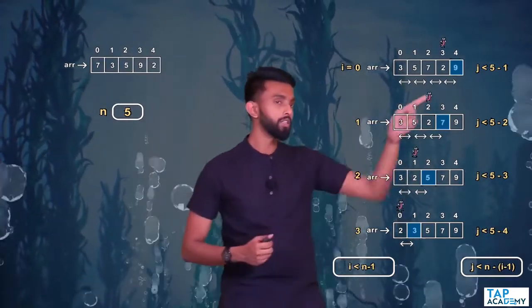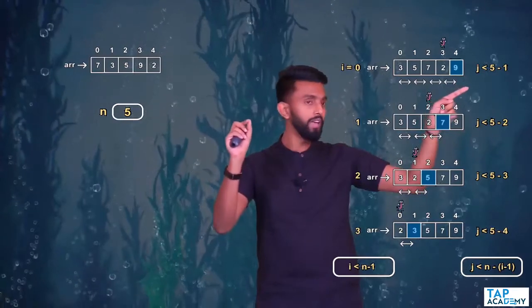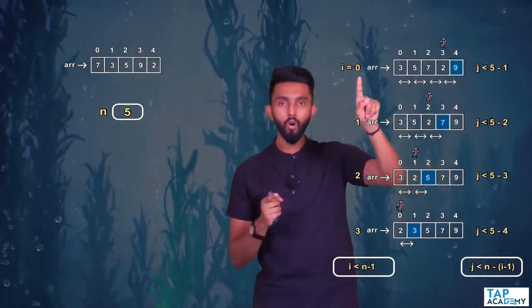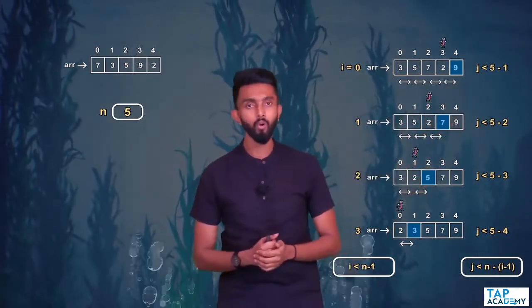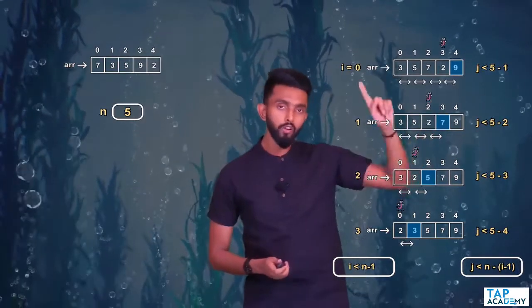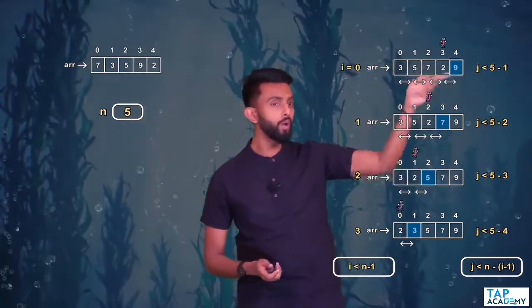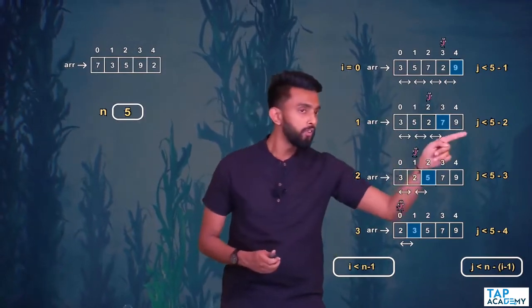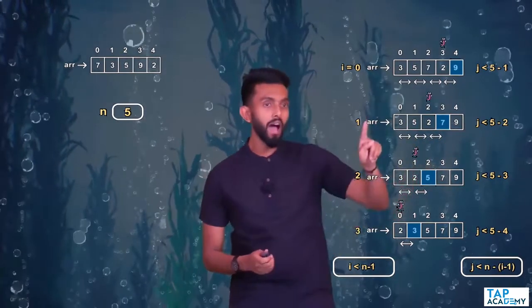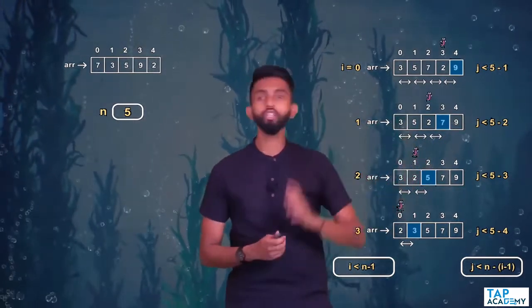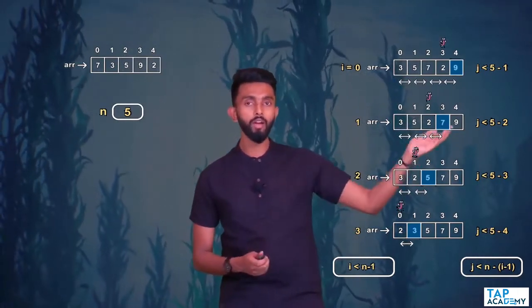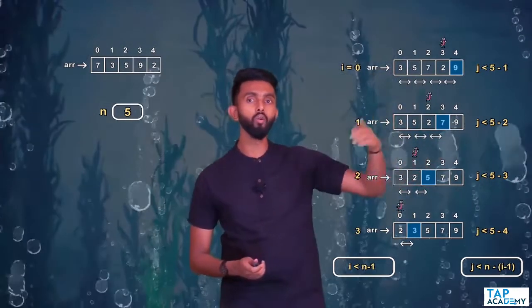What do you mean, you might ask? n is 5, 5 minus I is 0, minus 1 is the same. Would you agree? So here also it is 4, 5 minus 0 minus 1 is also 4 only. 5 minus I is minus 1, minus 2. I hope I'm clear. 5 minus 1 is 4, and you will get the same thing.